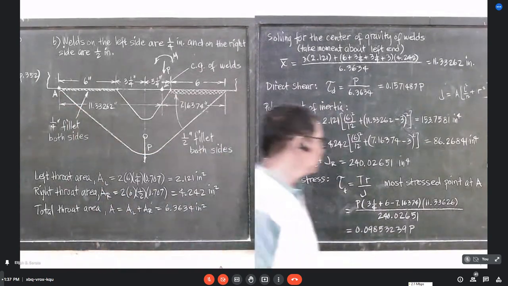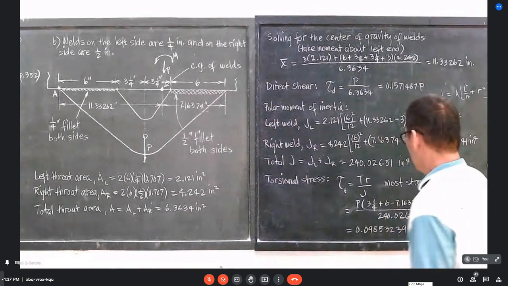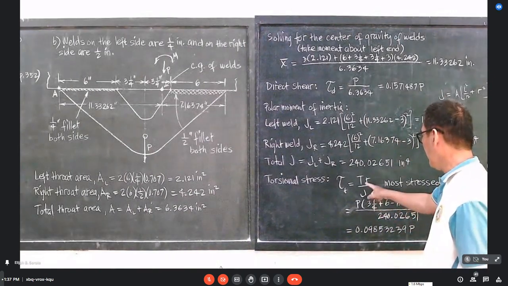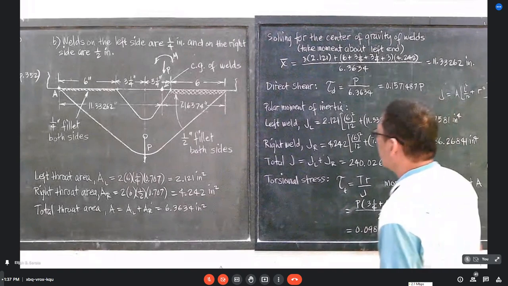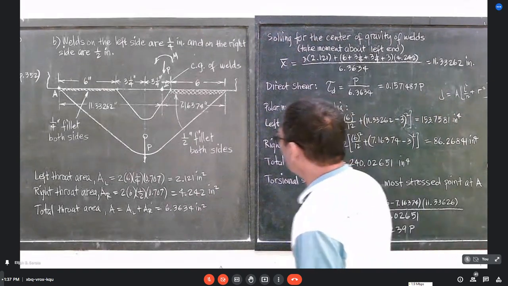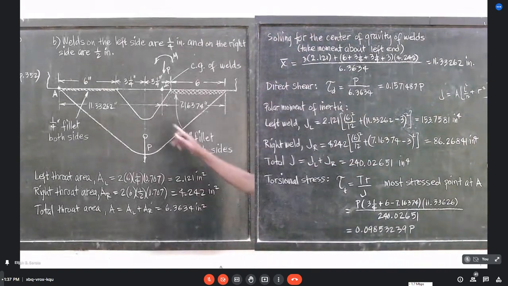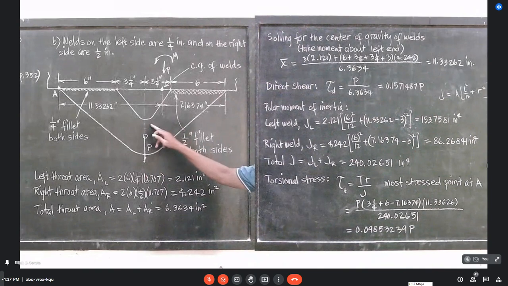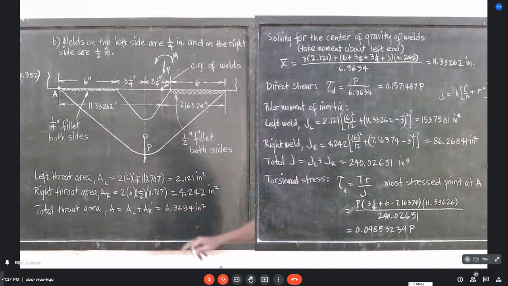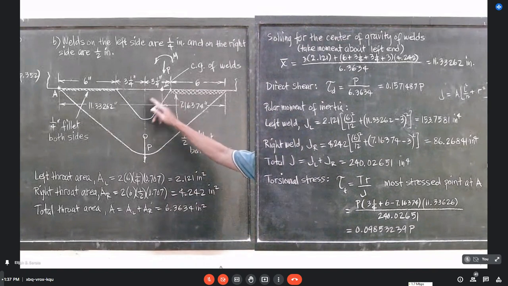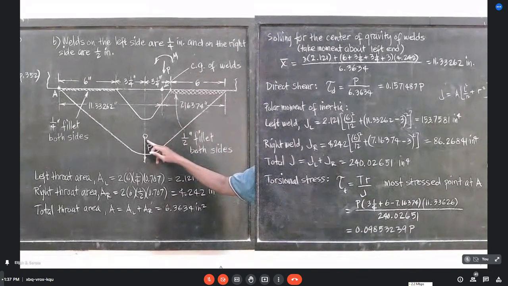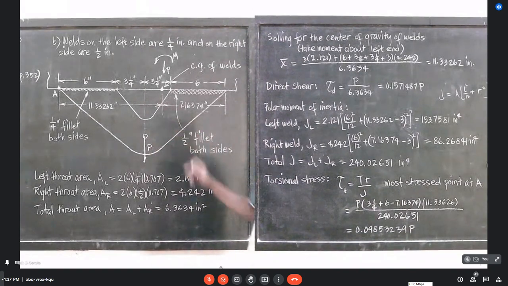Okay, so our moment is how much? This distance times P. This distance from the center of gravity to the position of the original P is how much?